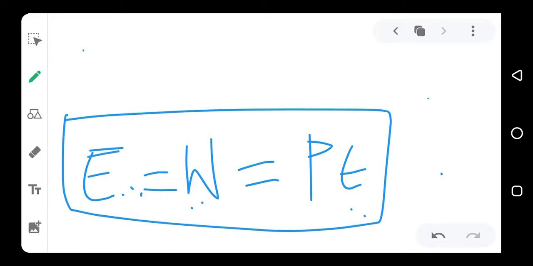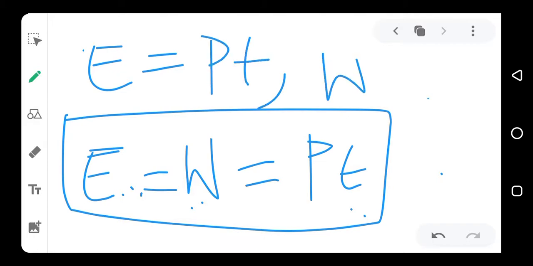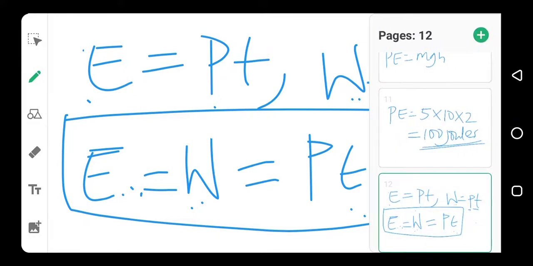If we are asked to calculate the work of the object, we also use that work is equal to PT. So whichever one we want to calculate, we equate it to PT. That is the relationship.